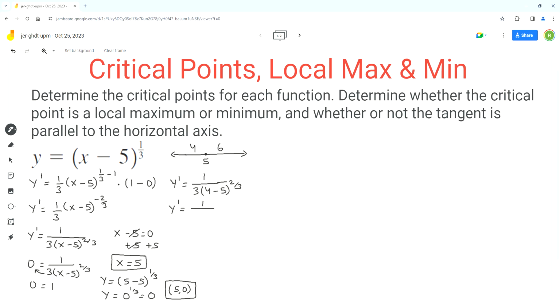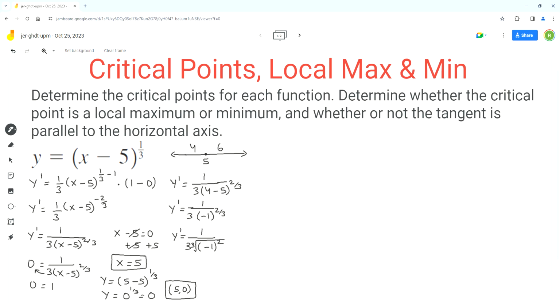So 1 over 3, so 4 minus 5 is negative 1 exponent 2 over 3. Now we can simplify this expression. So 1 over 3, so then we get negative 1 square and then cube root.